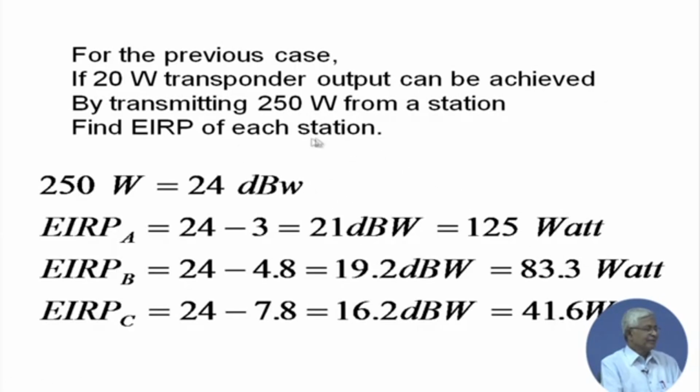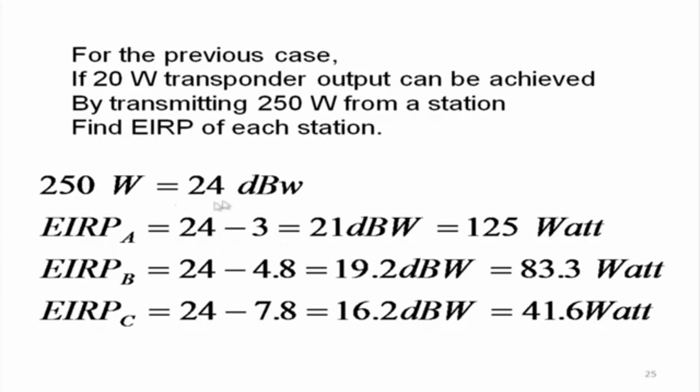And then if the 20 watt transponder output can be achieved by transmitting 250 watt from a station, another way, without knowing the loss, if you can know how to saturate the transponder, here it is not saturating, with backoff. So, if a 250 watt transmission can generate 20 watt output, find the EIRP.